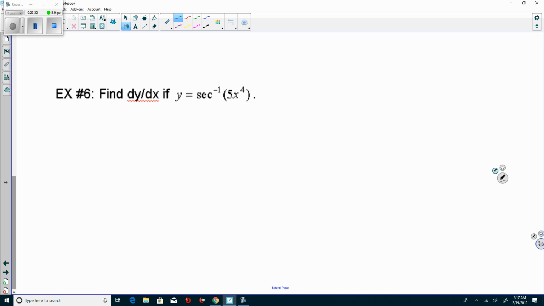And then here's an example: secant inverse of 5x to the 4th. Here you don't have to worry about what secant is, secant tan, because we already took care of it with the inverse. So you just apply the formula. My u is going to be 5x to the 4th, and my u prime is going to be 20x cubed.